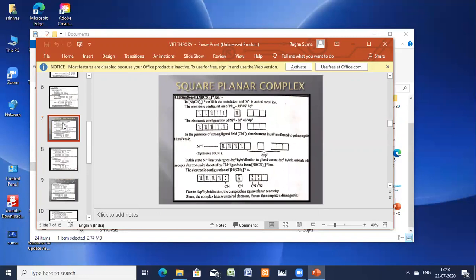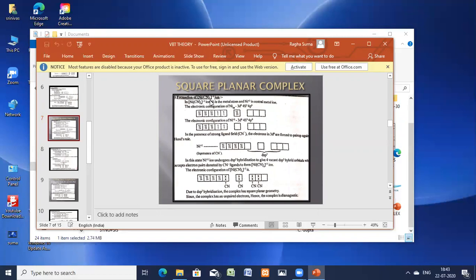So here, if you see the nickel cyanide ion, a square planar complex, the hybridization is dsp2 or sp2d. The coordination number is 4, so the number of ligands is 4 for the square planar complexes.